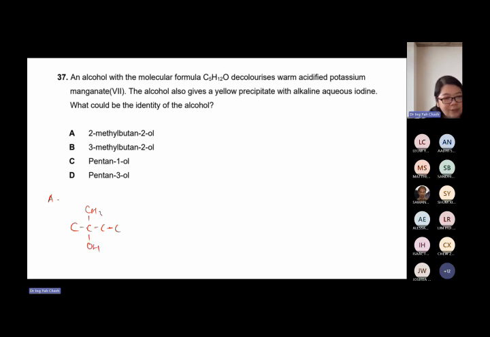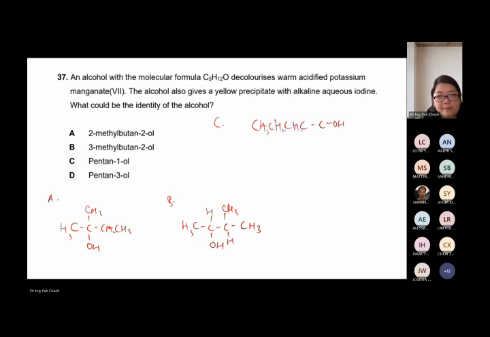B is butan-2-ol with a 3-methyl group. C, there's not much space, so C here, 1, 2, 3, 4, 5, pentan-1-ol, that means a 5-carbon chain. And the last one, pentan-3-ol, 1, 2, 3, 4, 5, with OH on carbon 3.